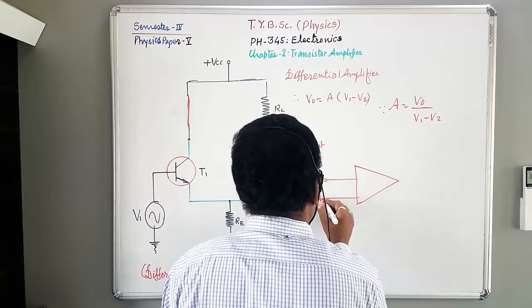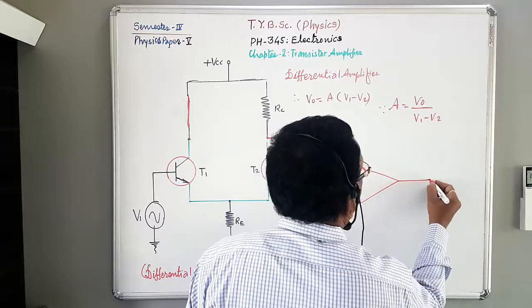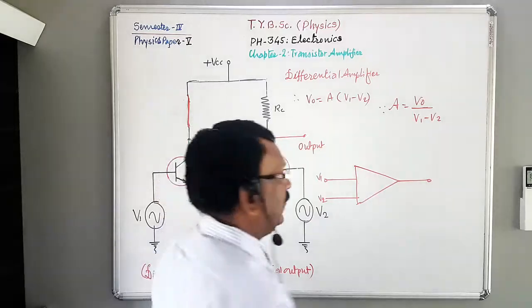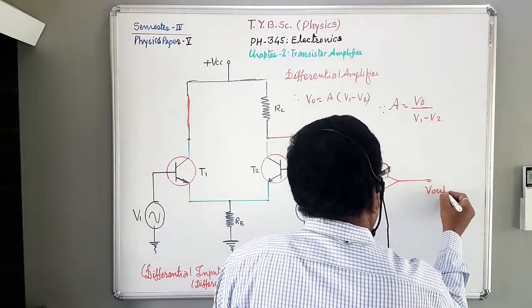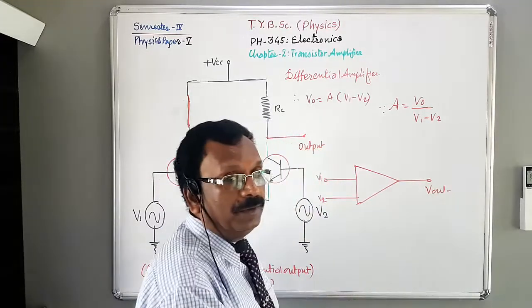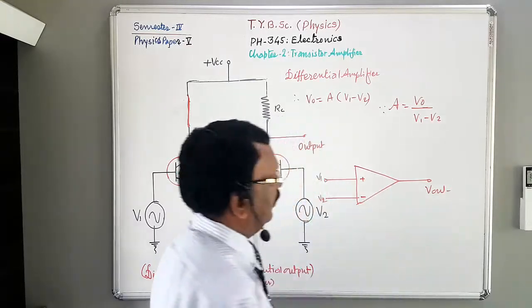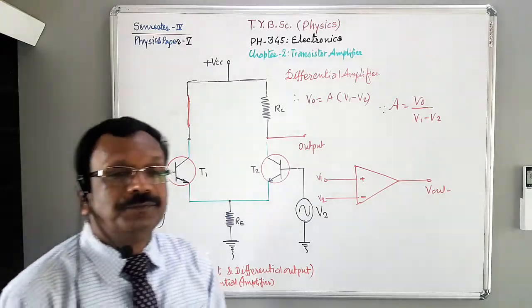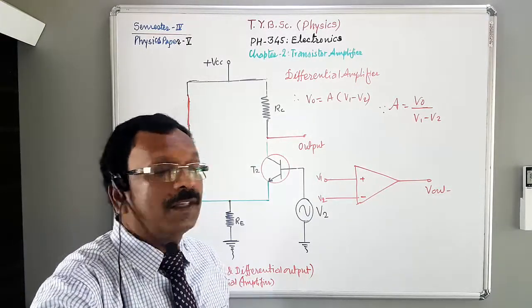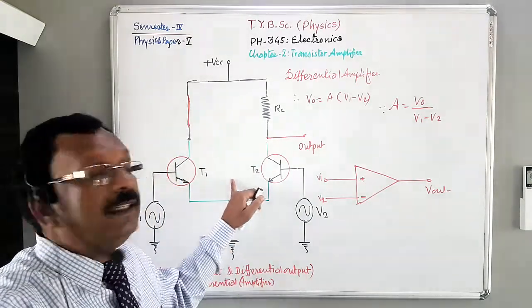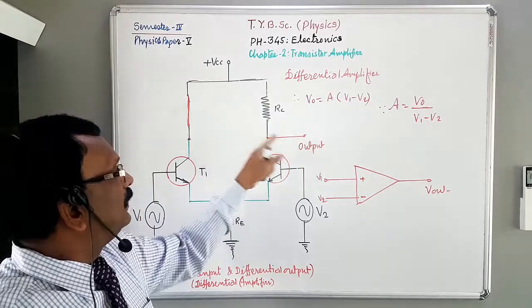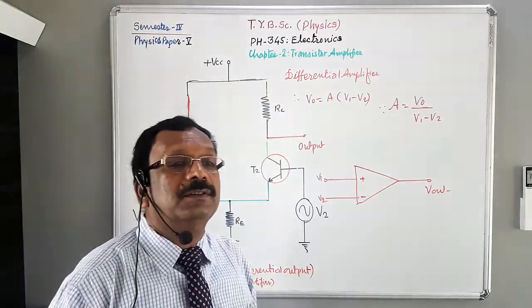V1 and V2, and this is the single-ended output, V out, and there are two inputs V1 and V2. This is non-inverting, and this is inverting. So this figure represents single-ended output instead of two-ended output.